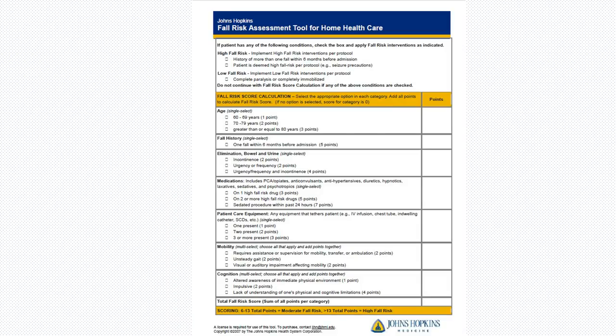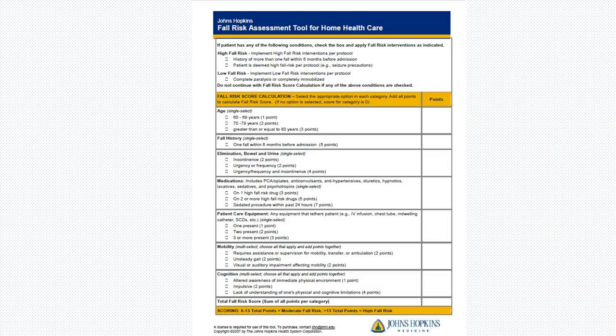This is another example of a different scale. This one's used at Johns Hopkins, and you can see again points are assessed for various levels of risk. For example, greater than 80 years old is 3 points. Have they had a fall within 6 months prior to admission to the hospital? Again, looking at urine and bowel habits, the frequency and presence of any urgency, looking at medications the patient is taking that can affect their balance or ability to perceive and interact with their environment.